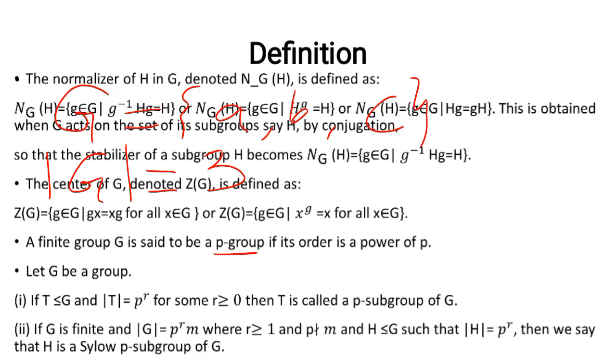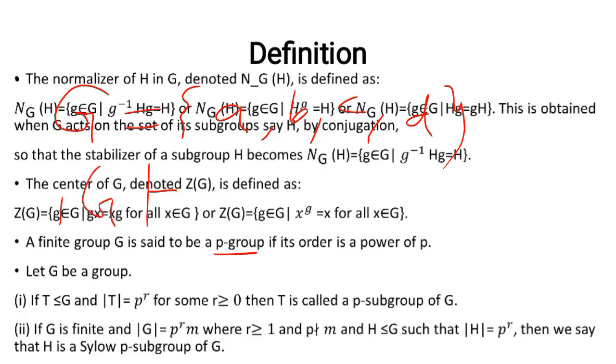Okay? Now, let me increase it to 4. Make it 4: A, B, C, D. So the order of G in this case, how many elements? You will say there are 4 of them, right? But 4 can be written as what? 4 can be written as 2 raised to the power 2.